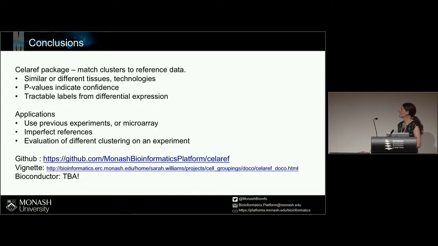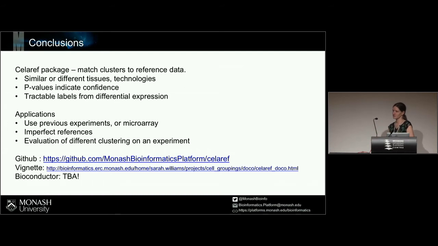Okay. So just to sum up, you can use the Celaref package to try and make labels if you've got an uncharacterized new single cell sequencing data set. You don't have to have a perfect reference, if there are a few differences. I've actually tried it with a PBMC reference that is microarray data. It's also tractable, I think, using the differential expression approach because, at the end of the analysis, you can pull out the differential expression analysis and look up the genes there.